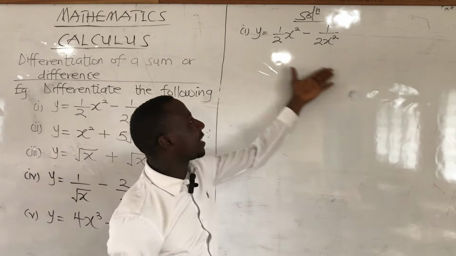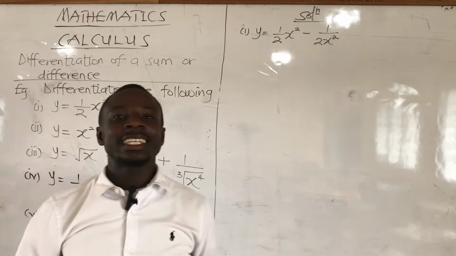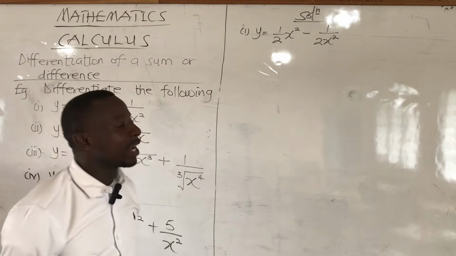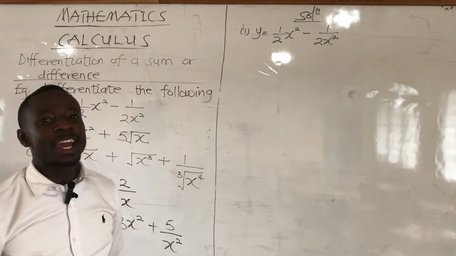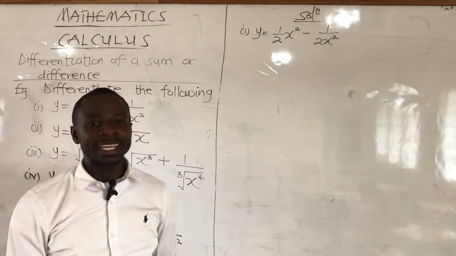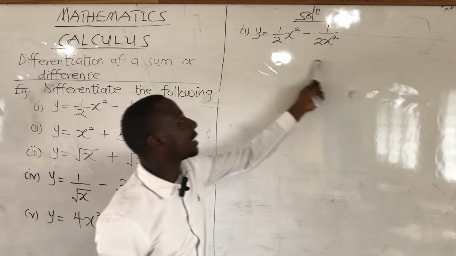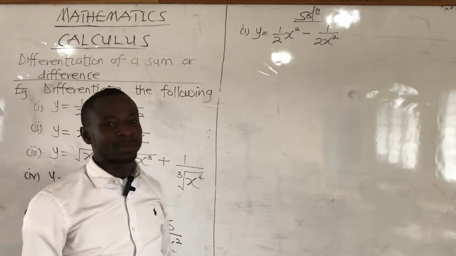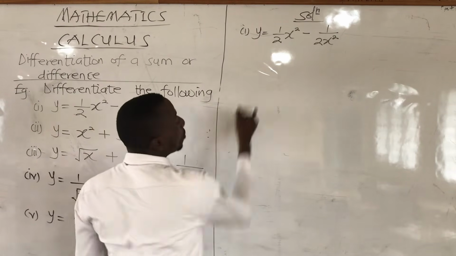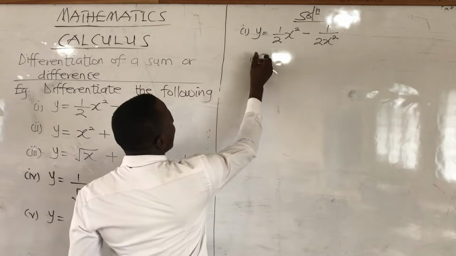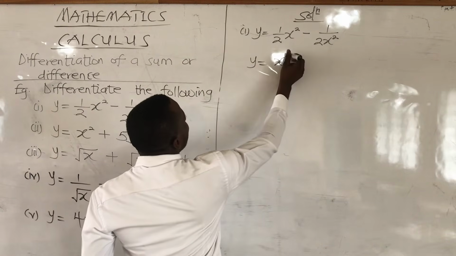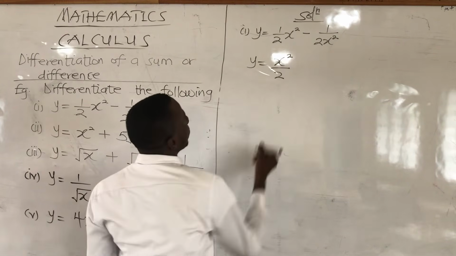Now, anytime a question like this is given where we have a fraction, then we need to rewrite them in an exponential form first. So we have to rewrite everything here in an exponential form first. So before we differentiate, we have y is equal to x squared over 2.